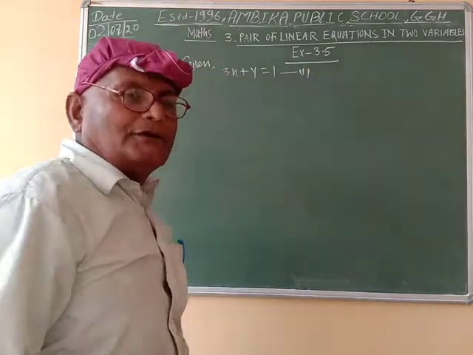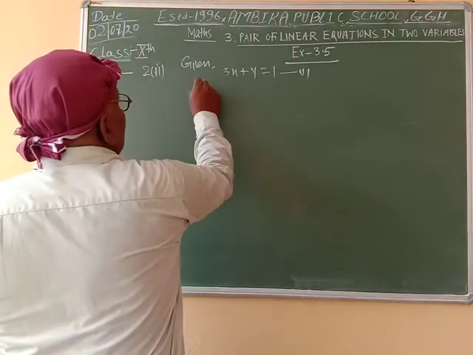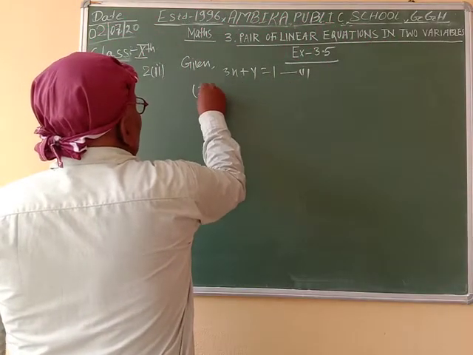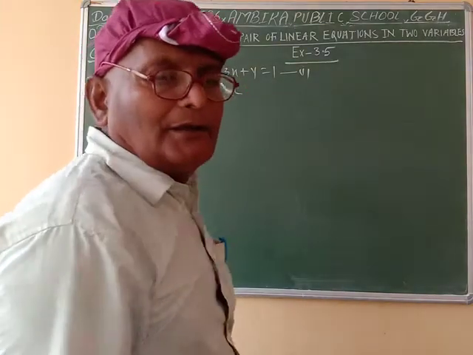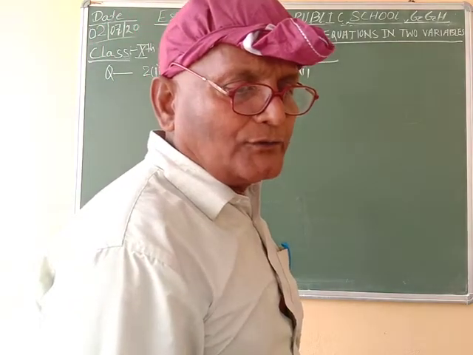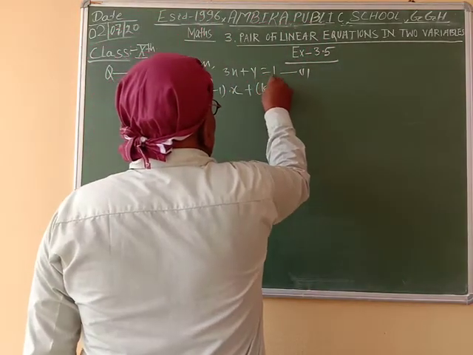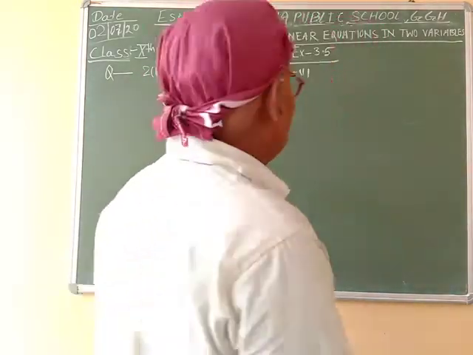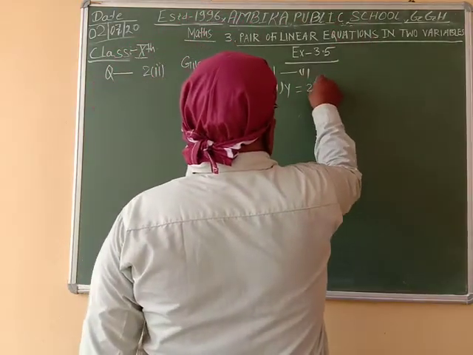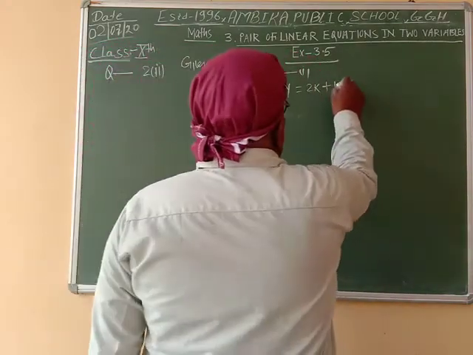And equation number 2 is 2k minus 1 into x plus k minus 1 into y is equal to 2k plus 1, equation number 2.